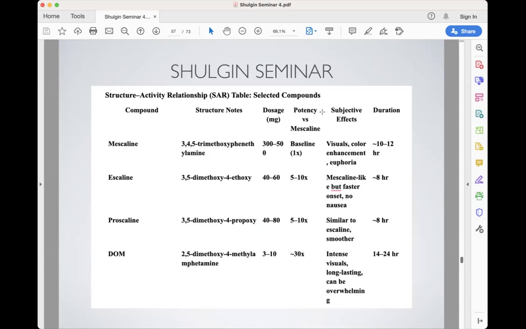Then he goes to methylene deoxyphenylisopropylamines, and that includes MDA.